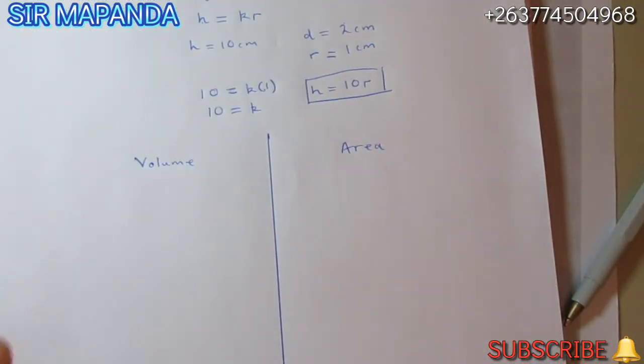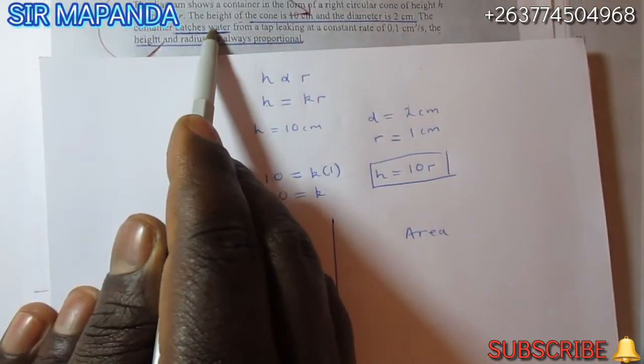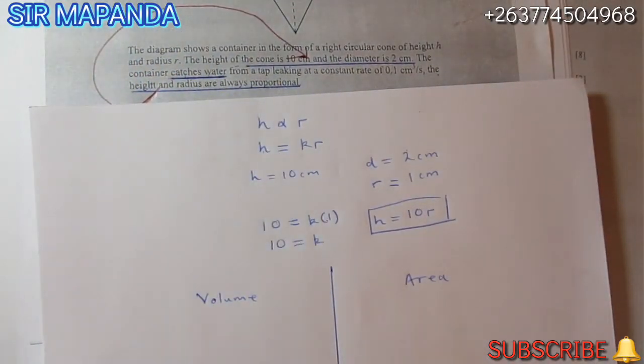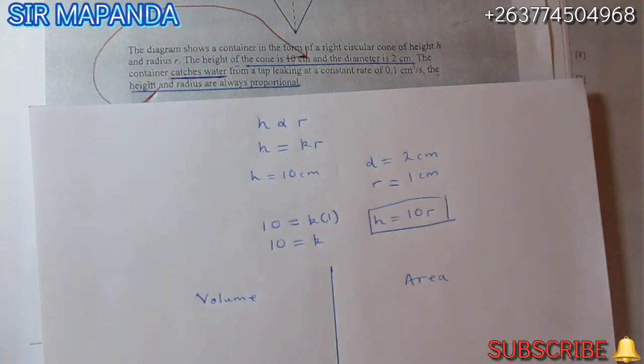Right. So, differential coefficients of volume, I'm going to place them on my left side, and differential coefficients of area, I'm going to place them on my right side. The first differential coefficient of volume is going to be generated by the words catches water. The cone is catching water from a tap leaking at a constant rate of 0.1. I want you to understand something here. The cone is not the one which is leaking, right?